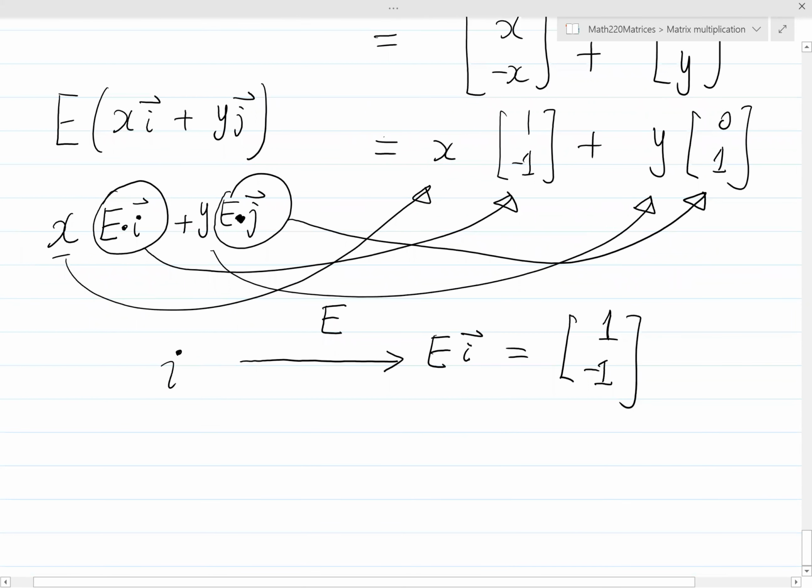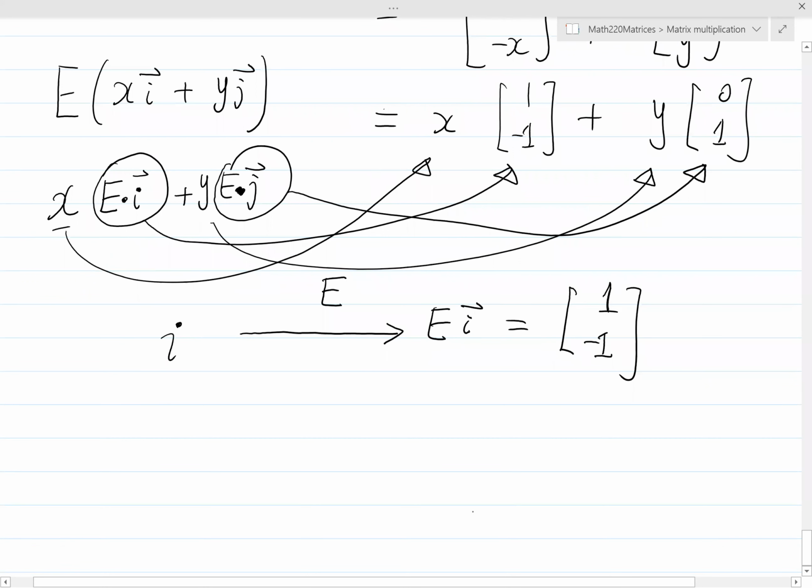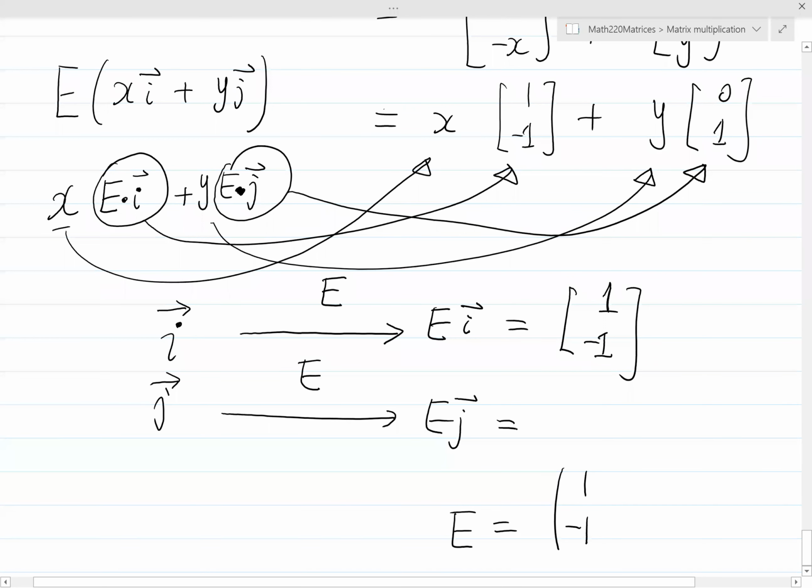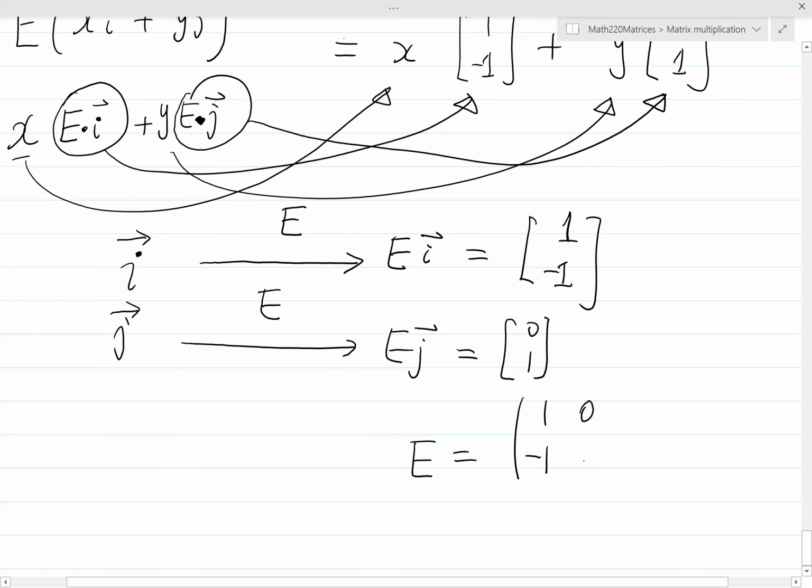So this gives us the first column of E: 1, -1. Now we plug in j under E, we get E of j, which is (0, 1). This tells us the second column is 0, 1. So that is the matrix E.